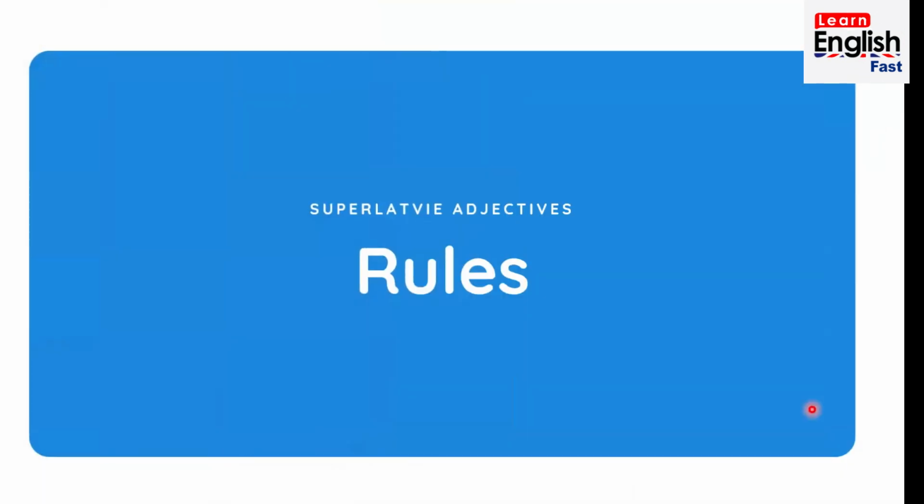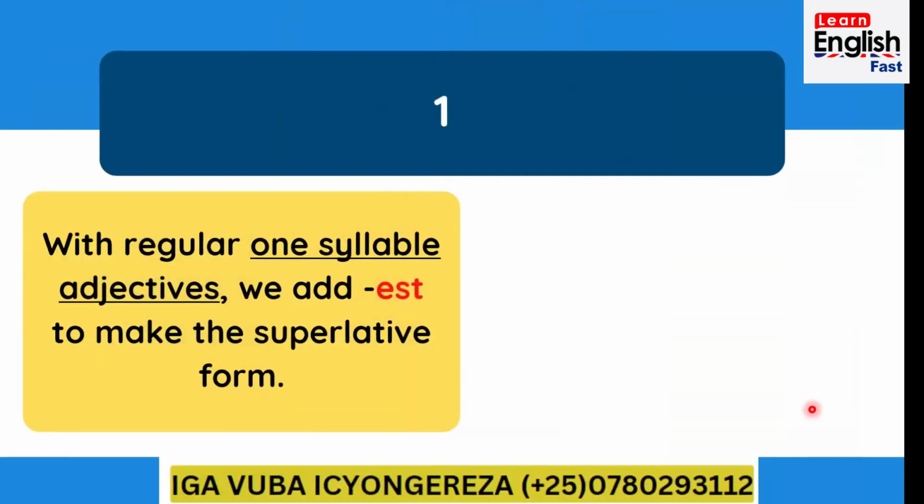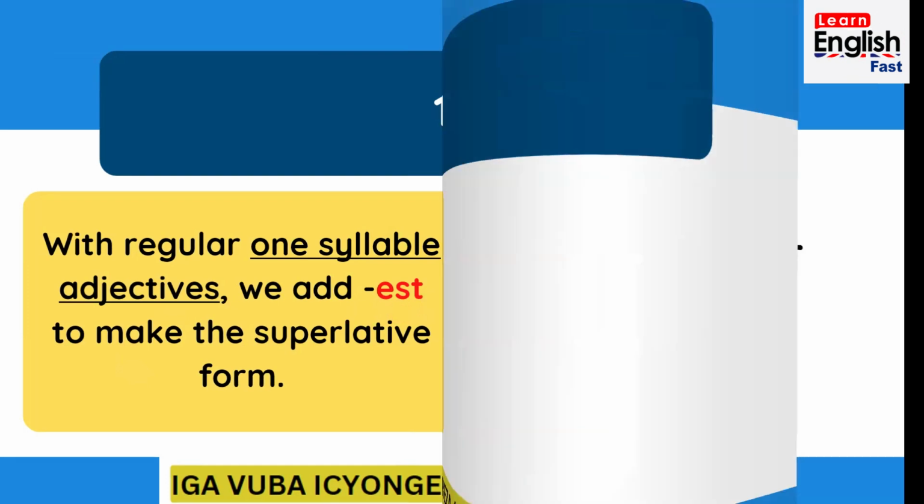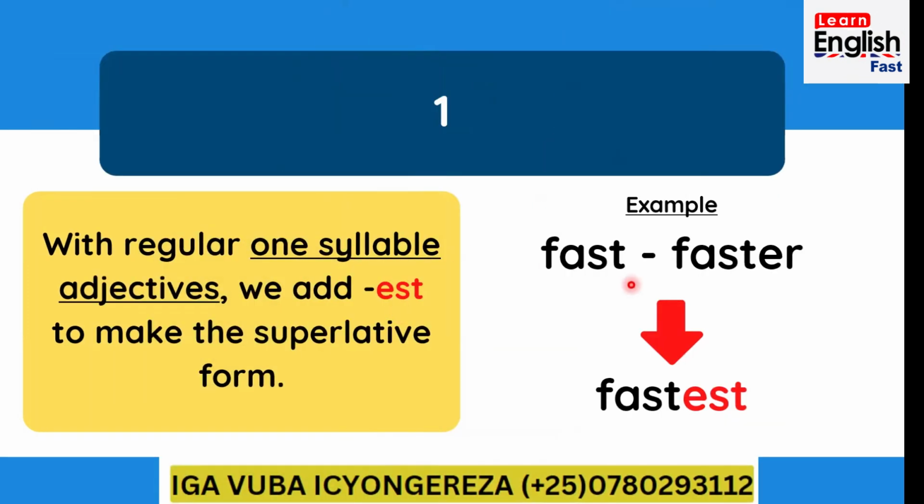Rules, amategeko. With regular one syllable adjective we add est. Iyo dufite umugemo umwe muri adjective cyangwa se muri ntera, kugira ngo ushire muri superlative ukoresha est. Est niyo twifashisha. Okay, here we have fast.